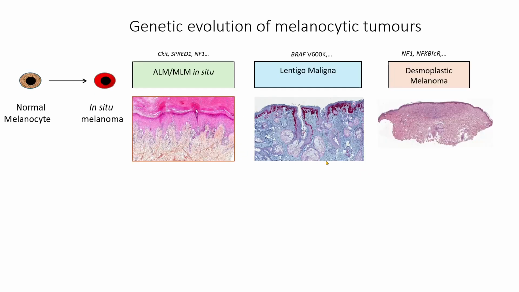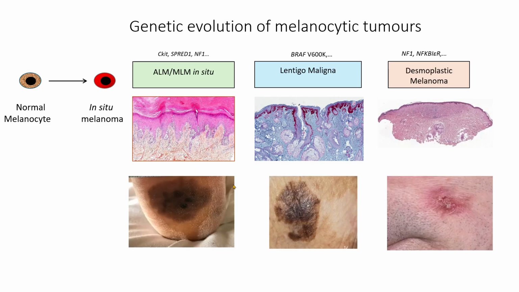end. And if you look at these melanomas that arise from normal melanocyte, they always start by in situ stage, which can be quite long, especially for acral lentiginous melanoma or lentigo maligna melanomas. They can have very large tumors, which can stay for several years before becoming invasive.